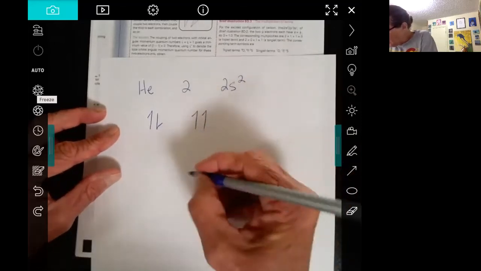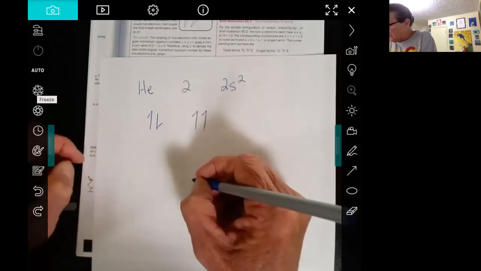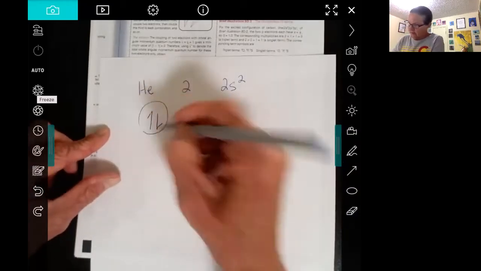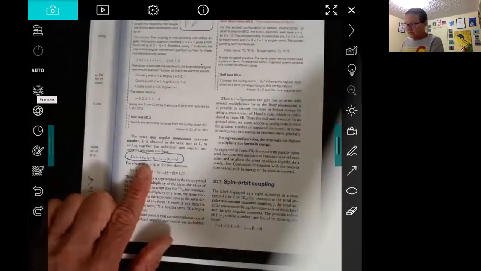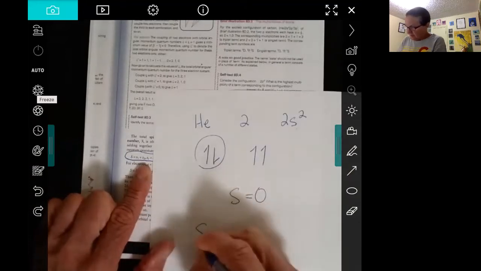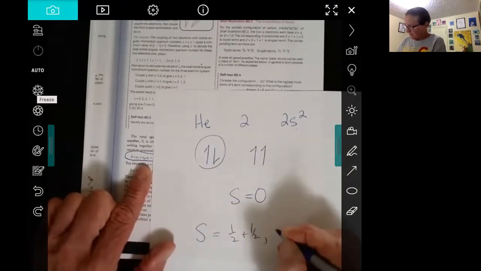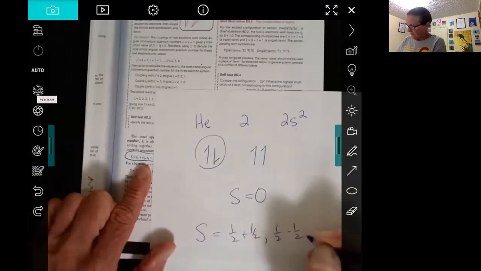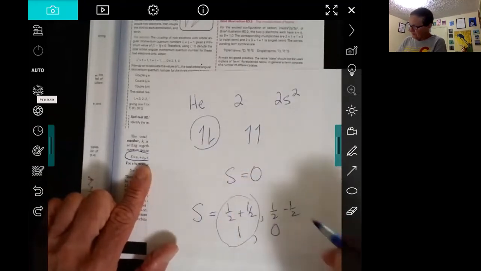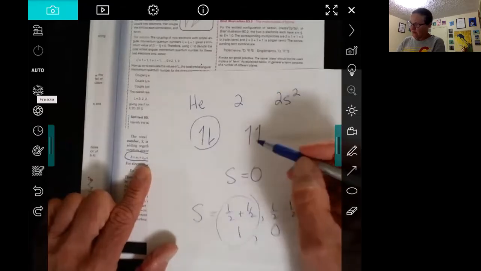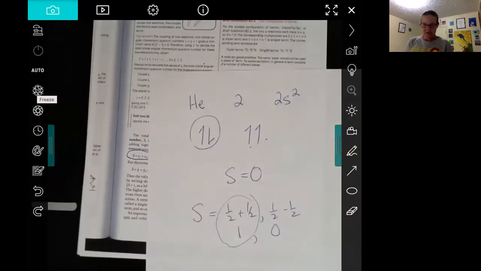And so the only thing that's going to be allowed is the spin 0, where they're paired. So total spin of 0. So even though you'd use this equation and you'd say spin can equal 1/2 plus 1/2 down to 1/2 minus 1/2 equals 1 or 0, this one is not allowed because that's saying the two spins are parallel, and if they're in the same orbital, that can't be true.